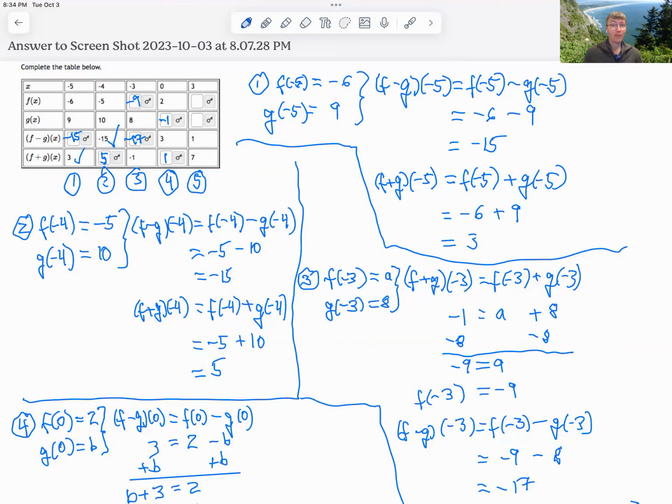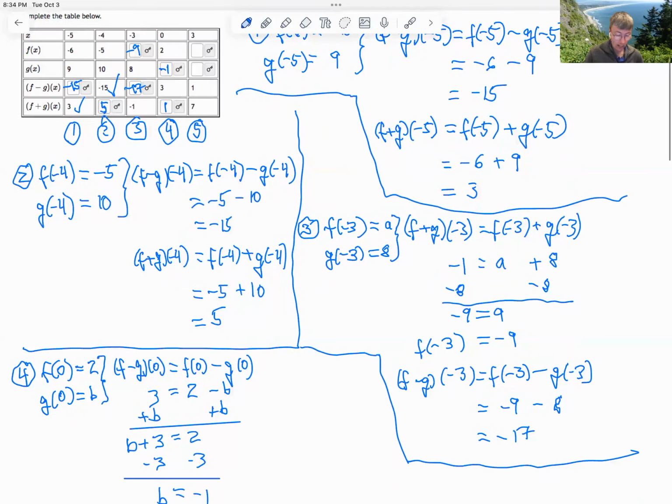So now the last one is most challenging, because now I'm given neither f of 3 nor g of 3. I'm only given f minus g of 3 and f plus g of 3. So let's start that.